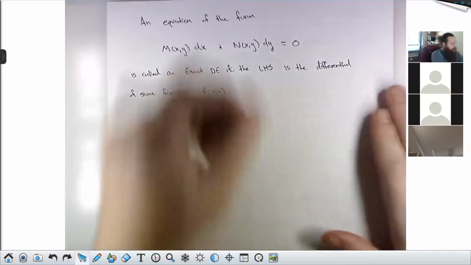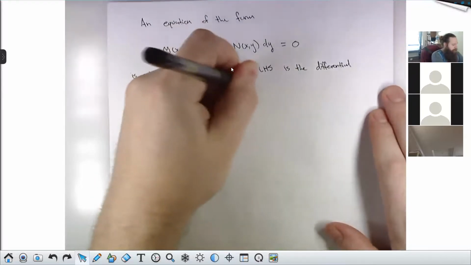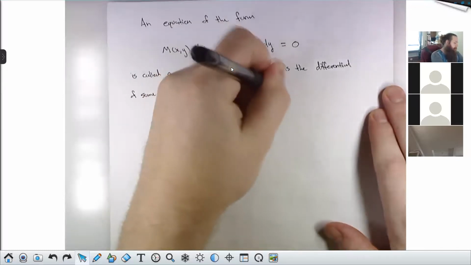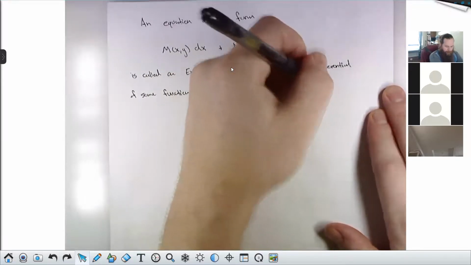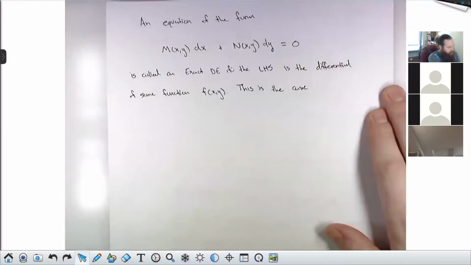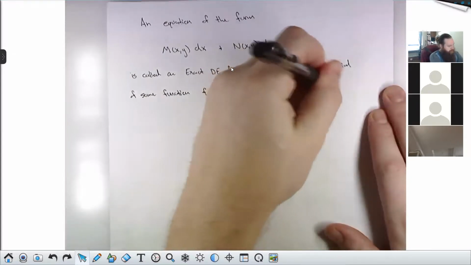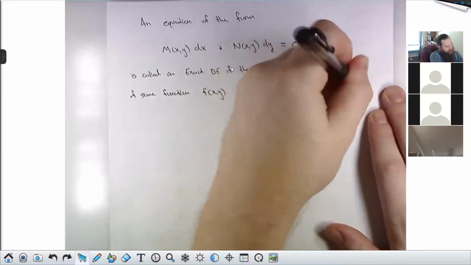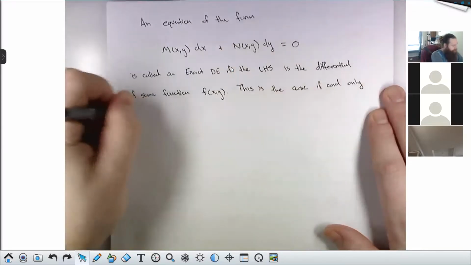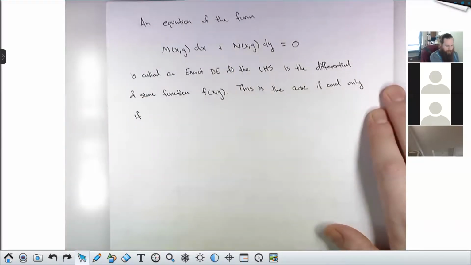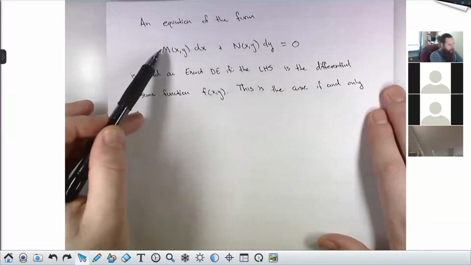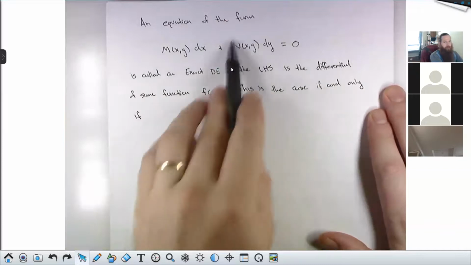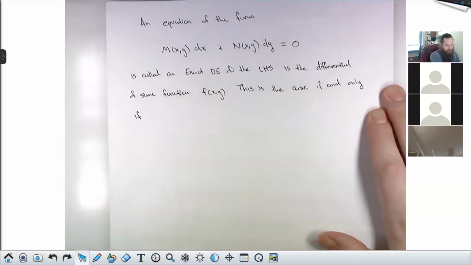It turns out this is the case, and it is an if and only if: if and only if the partial of this function taken with respect to y is equal to the partial of this function taken with respect to x.